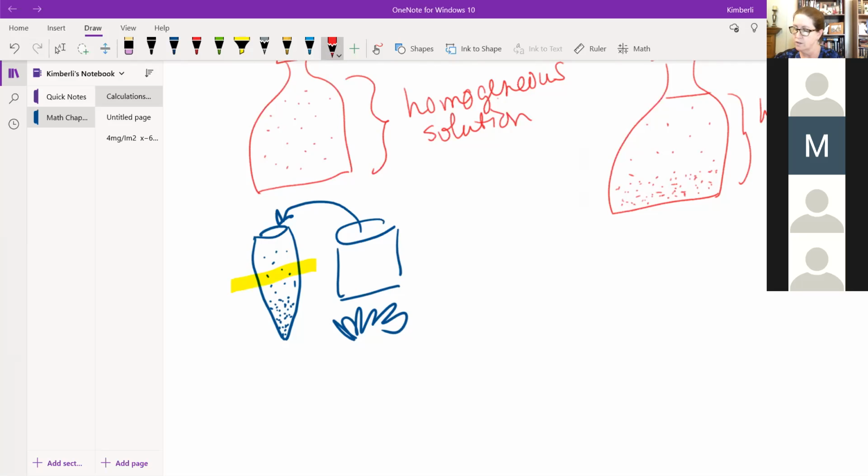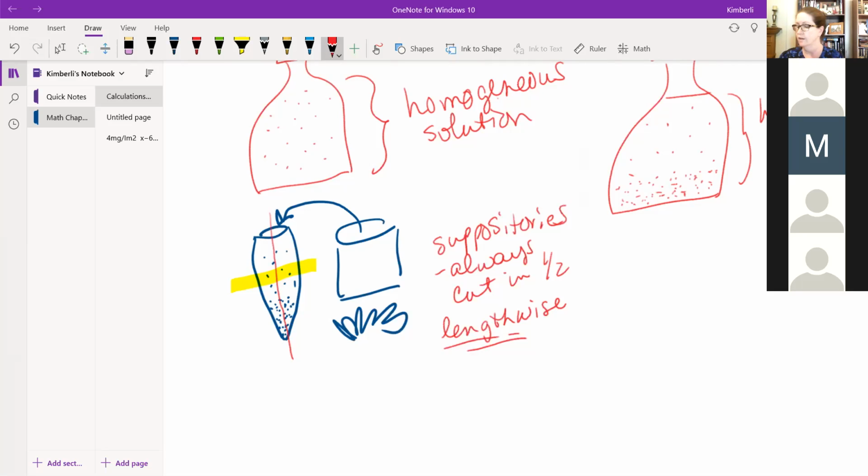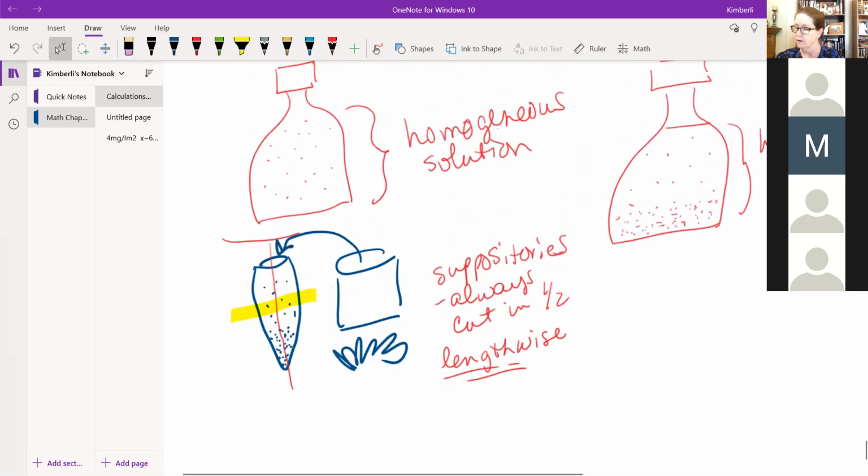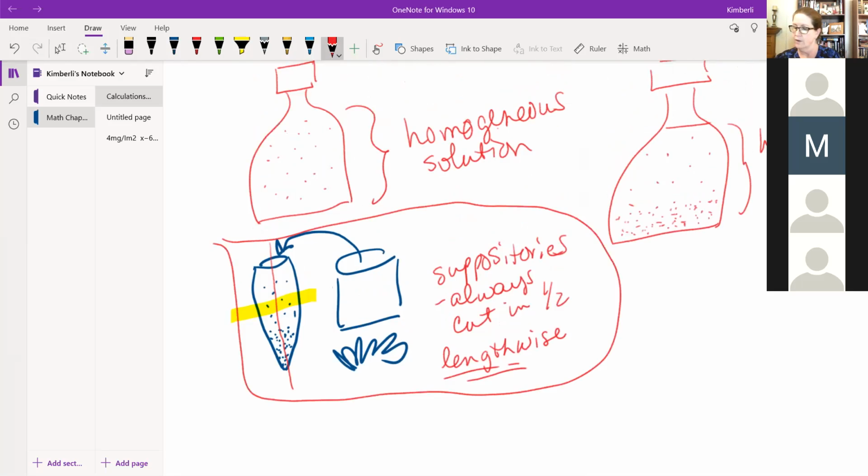Yes, you always want to cut suppositories lengthwise. Okay, so you always want to cut suppositories in half lengthwise. Okay, so that's a little side note here, but since we already went over solid dosage forms, I want to make sure that we talked about that.